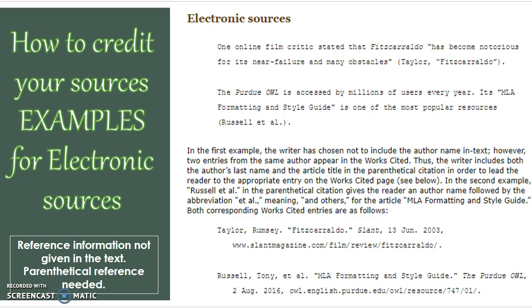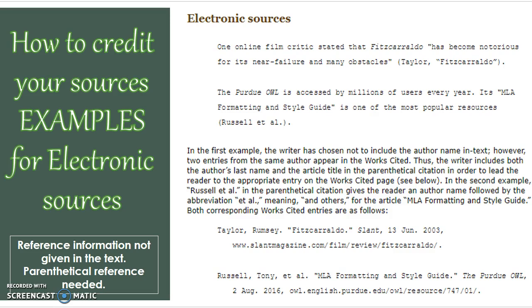If you are using multiple pages on websites that have different titles, like in this top example here, then you would have to also include the article or the heading of the page that you're talking about in the reference as well, so that your reader can distinguish between which Taylor you're talking about and which article or source information you're talking about. And the second example is the same thing.